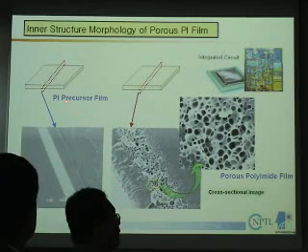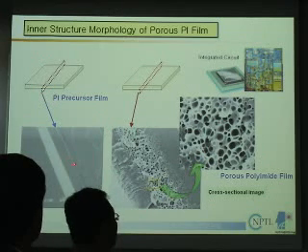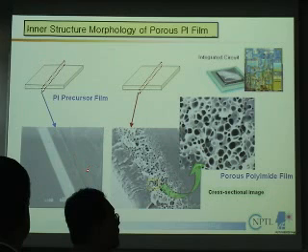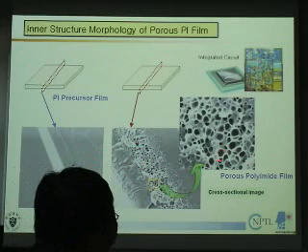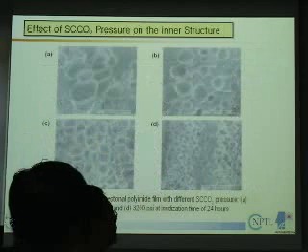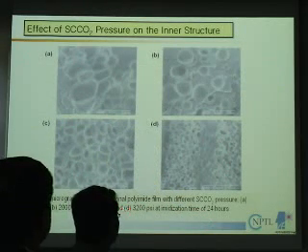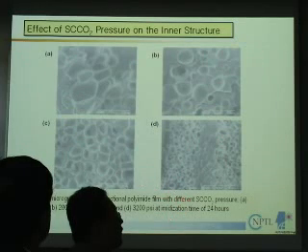This precursor film is before the imidization, and there's no foam generated. Once it starts to imidize, the CO2 is generated inside of this film and creates this foam. And this is the result of the different sizes of foam depending on the pressure of the supercritical CO2.